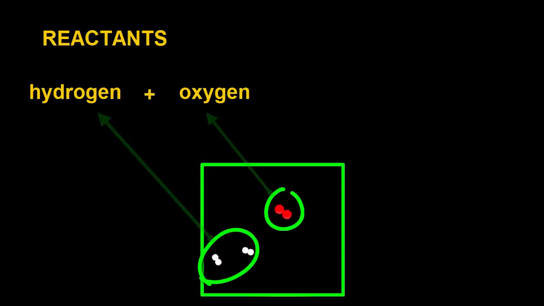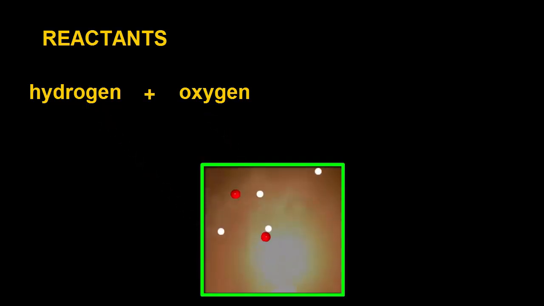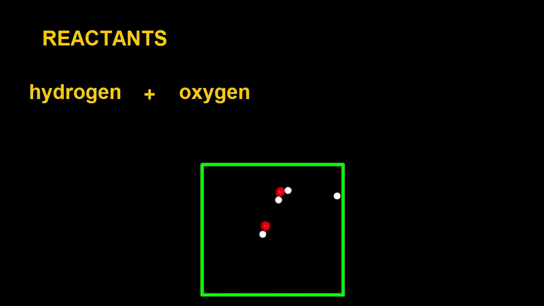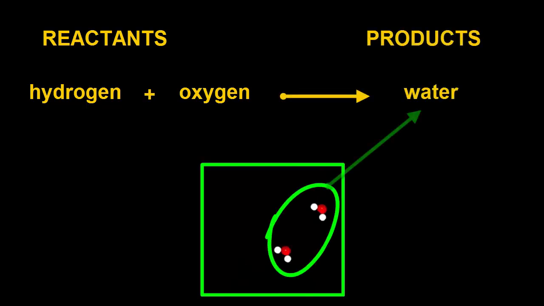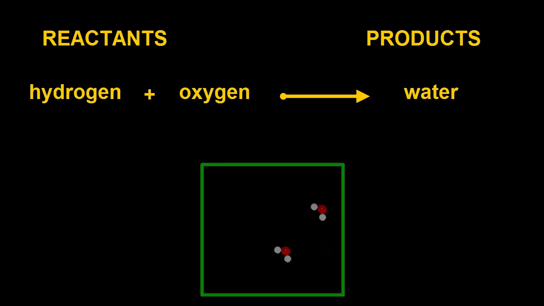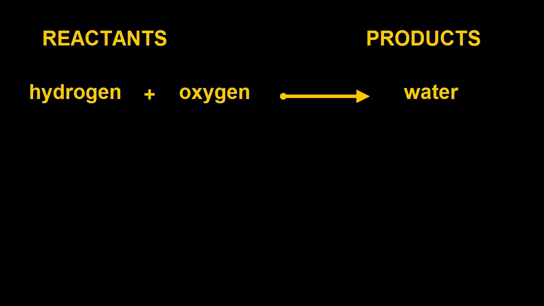In this case, we know that the reactants are hydrogen gas and oxygen gas, and that the products are water molecules. Let's get rid of the movie and see if we can work it out just from the words in the equation. From our bonding rules, we know that hydrogen's formula is H2, oxygen's formula is O2, and water's formula is H2O.